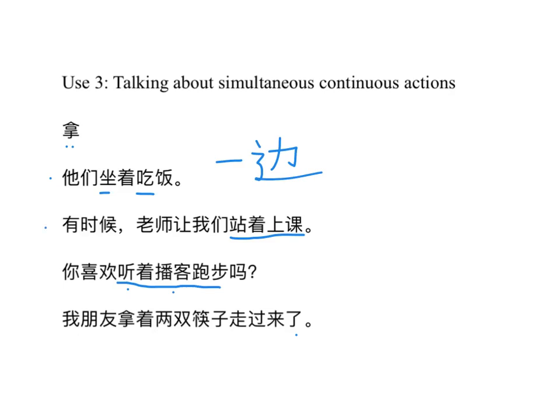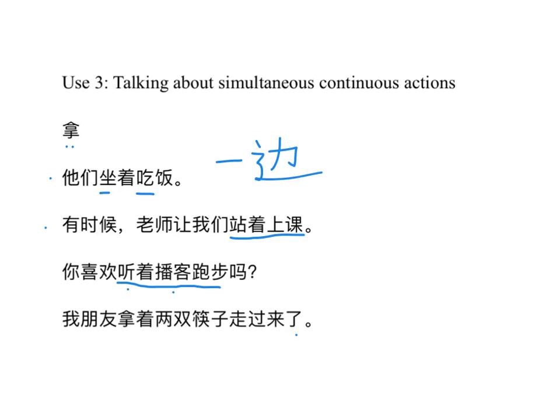Second example sentence here. 有时候老师让我们站着上课. Sometimes our teacher makes us stand and have class. But the main thing we're talking about is the having of the class. The 站着 is providing the background. 你喜欢听着播客跑步吗? Do you like to listen to podcasts while running?